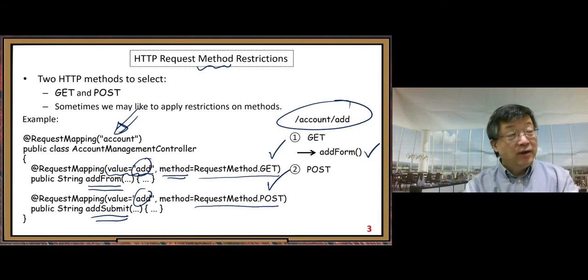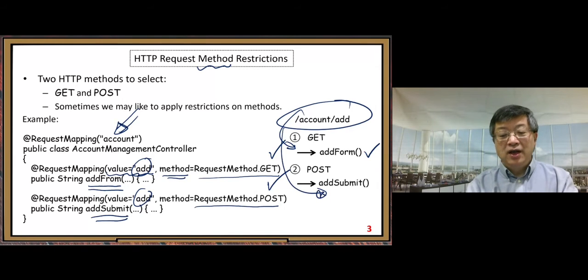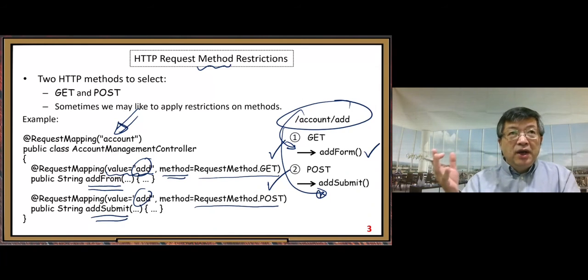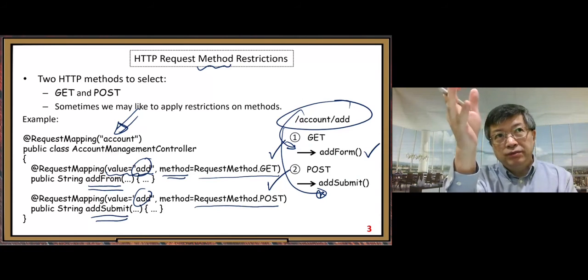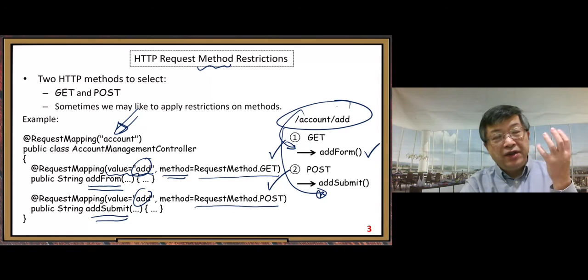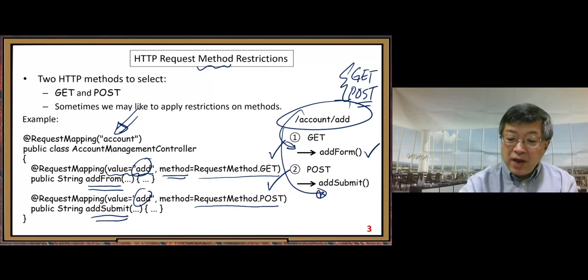Second one, post. Here you can see the same URL pattern, but we can call two different methods. How do you select which method to call? When we send the URL request, you have a chance to specify get or post. Get is the default one.